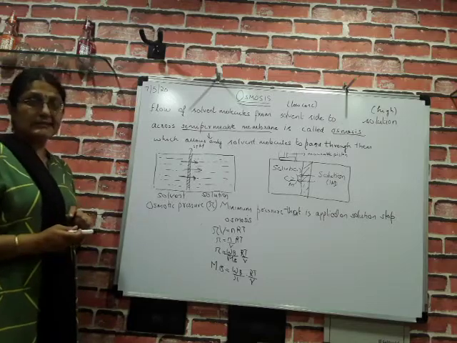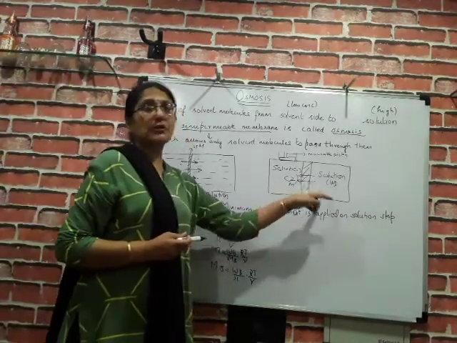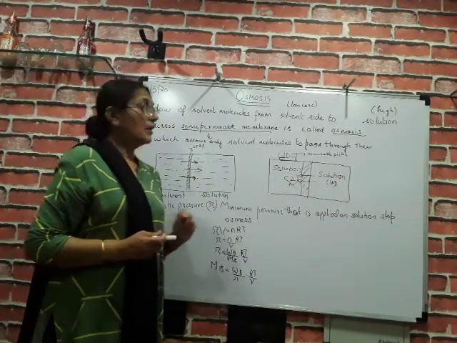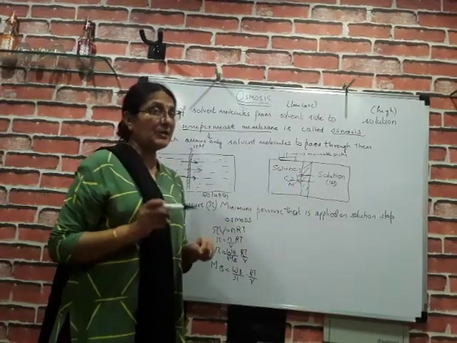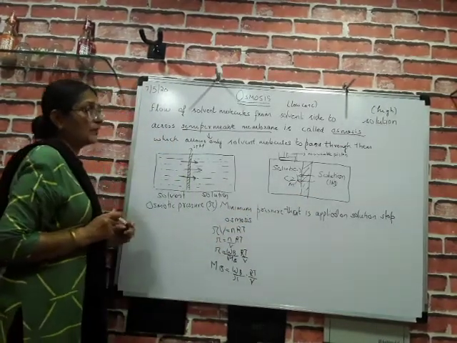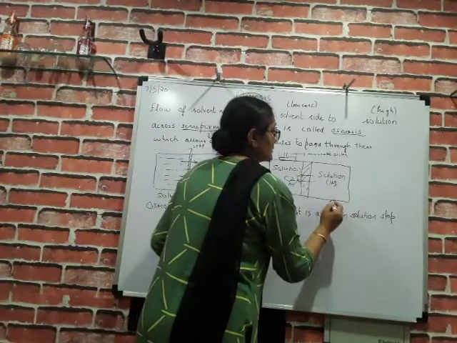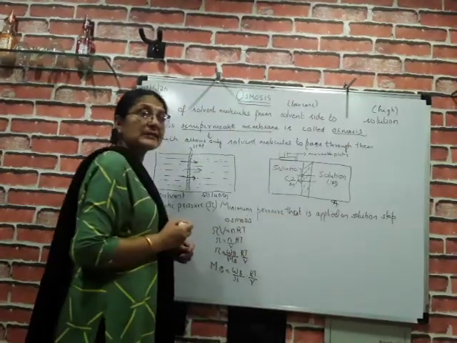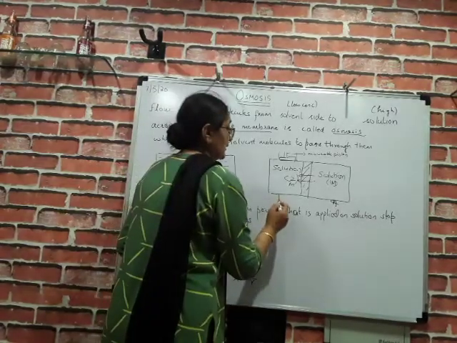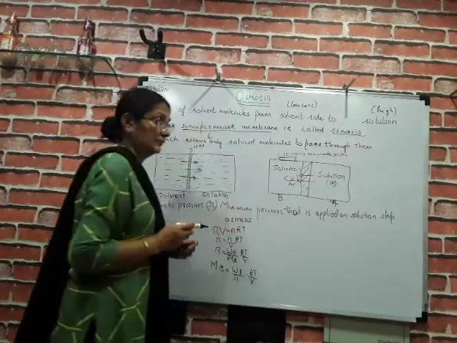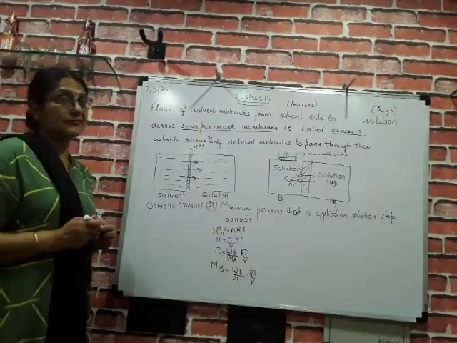In another case, I have taken two solutions separated by a semi-permeable membrane. In chamber A, a solution of 1 molar is filled. In chamber B, a solution of 2 molar is filled.